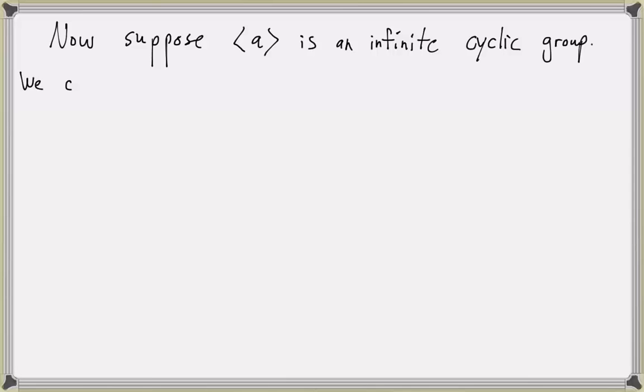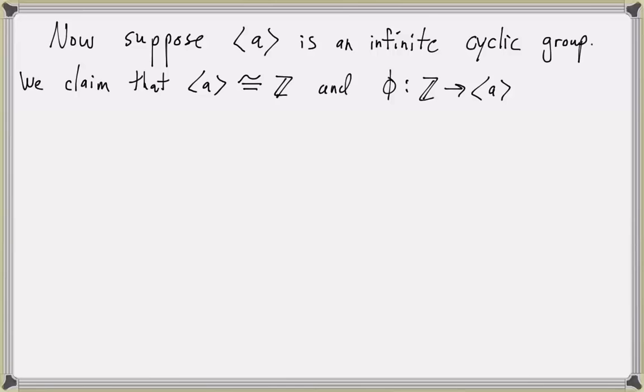So we claim that this group is actually isomorphic to the integers via the isomorphism phi defined by phi of the integer k equals a to the power k. It is an isomorphism.